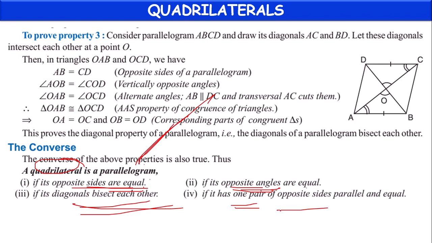If it has one pair of opposite sides parallel and equal, then it is a parallelogram. So like that, in reverse manner also, with the help of properties, we can prove that it is a parallelogram. If it is a parallelogram, we can prove the below properties. If below properties are true, then we can prove that it is a parallelogram. We can do in any way.